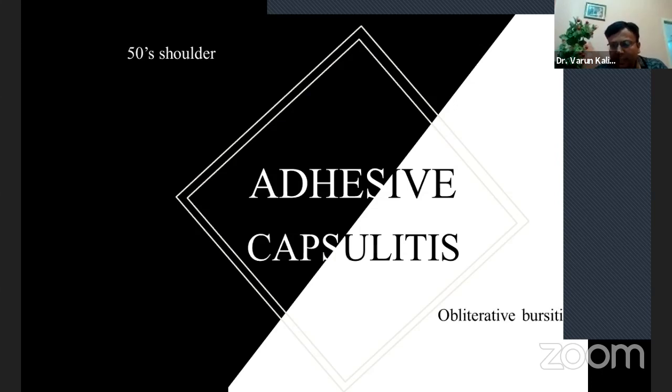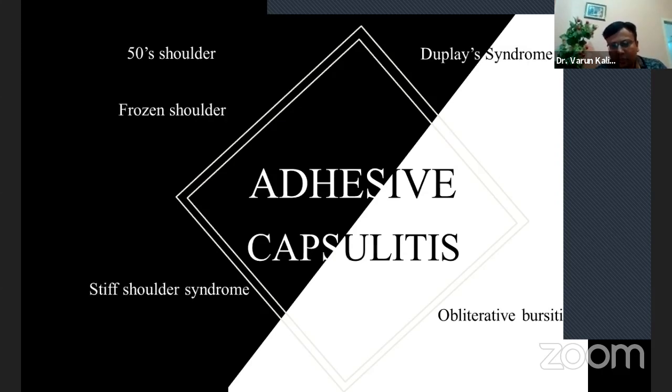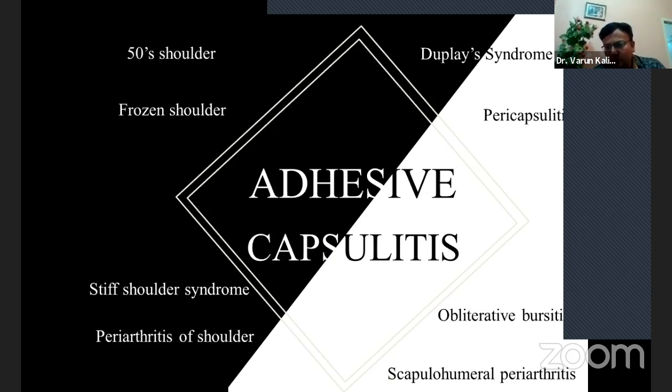And after that, its names kept changing, like obliterative bursitis, Duplay's syndrome, frozen shoulder, stiff shoulder syndrome, pericapsulitis, periarthritis of shoulder, scapulohumeral periarthritis, and adherent subacromial bursitis. So all these names are of adhesive capsulitis.